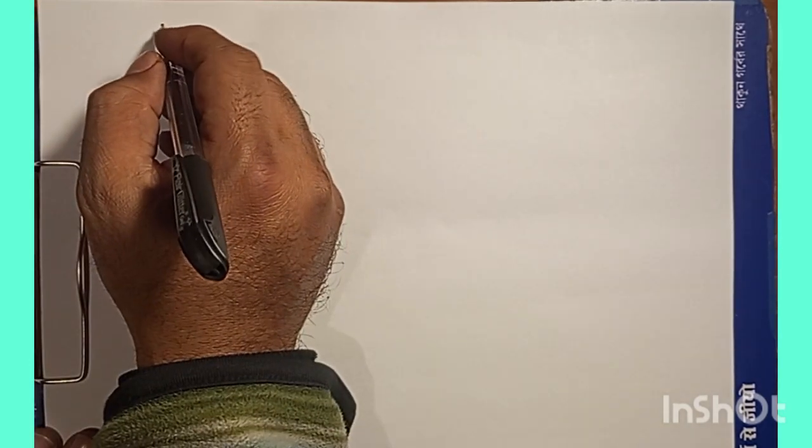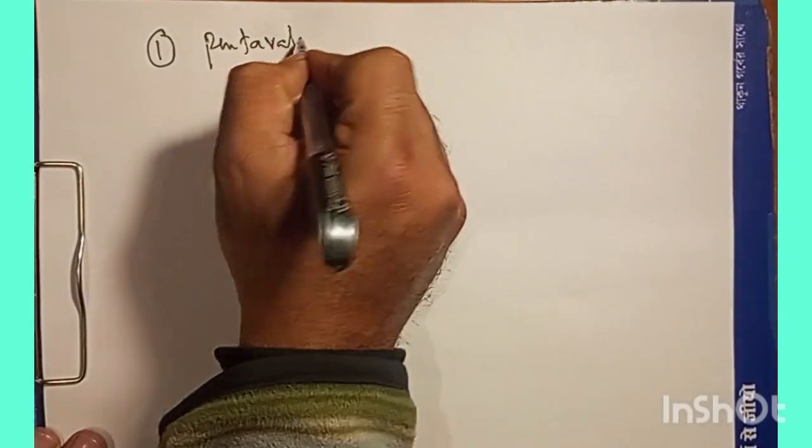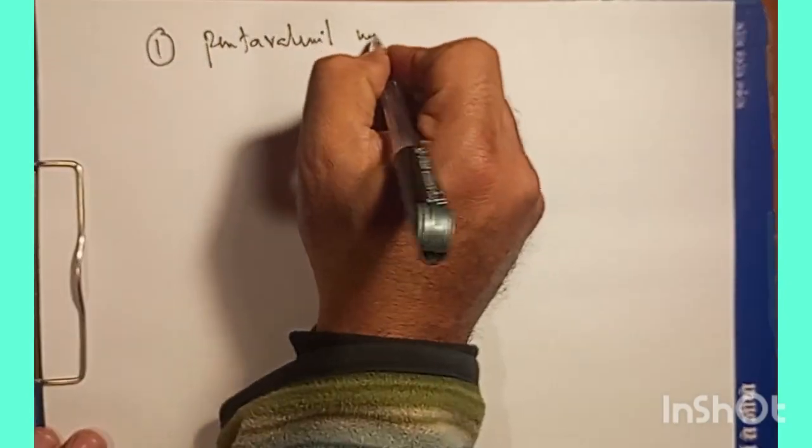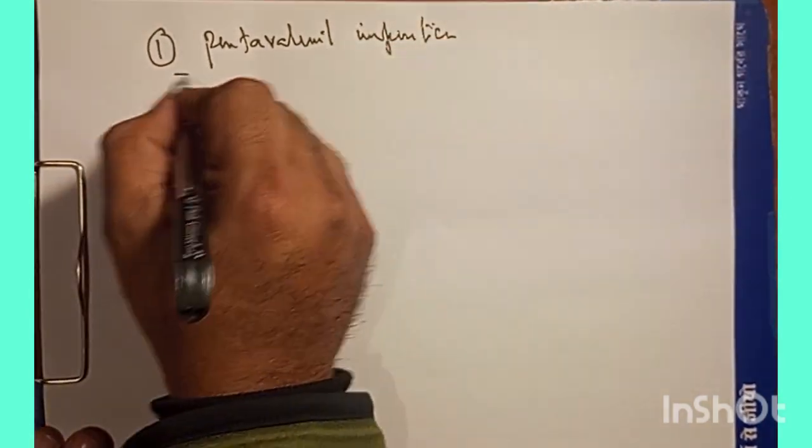can be of two types. One is pentavalent impurities. Now, what are these pentavalent impurities? The atoms that have 5 electrons in their valence shells.